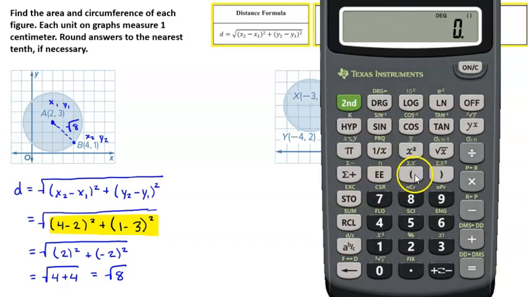So we've got parentheses 4 minus 2 close parentheses squared, which is this button right here, plus open parentheses 1 minus 3 close parentheses, and then you're going to hit this squared button again, and then don't forget to hit equals. And so we typed everything that was in this highlighted area, and so that's going to be 8.